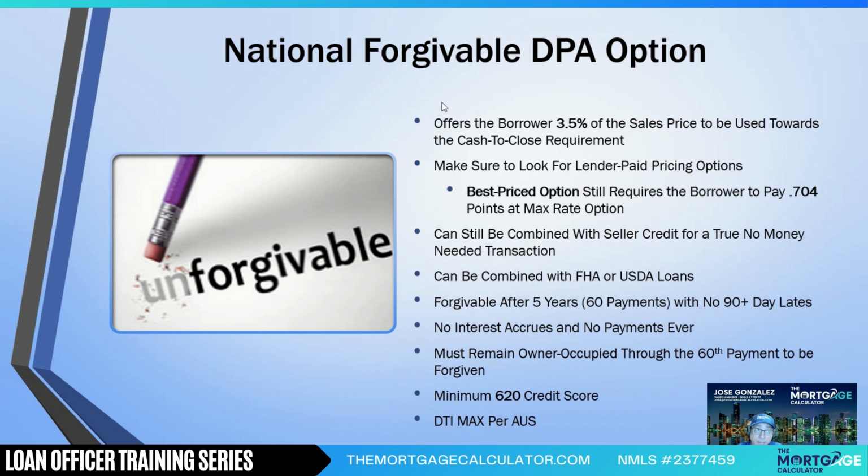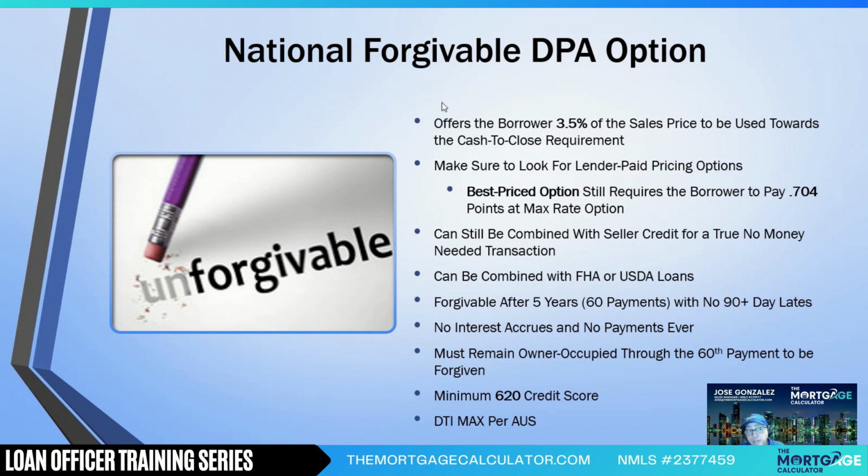But 3.5%, and it's forgivable, which means after the customer has made 60 payments with no 90 plus day late payments in their record, the second lien is forgiven.